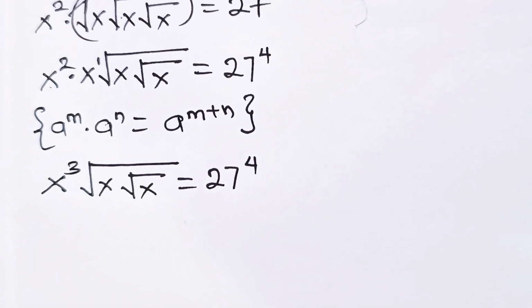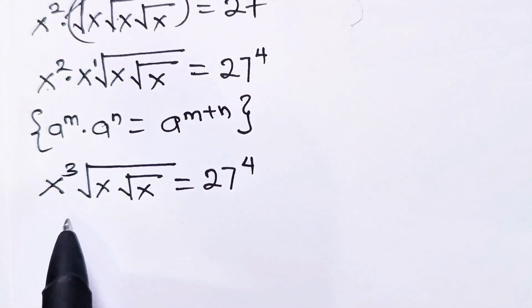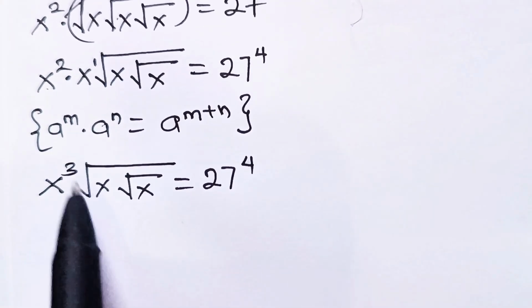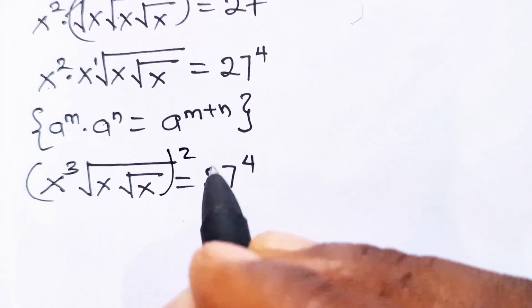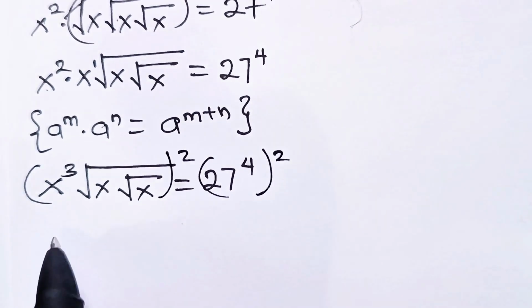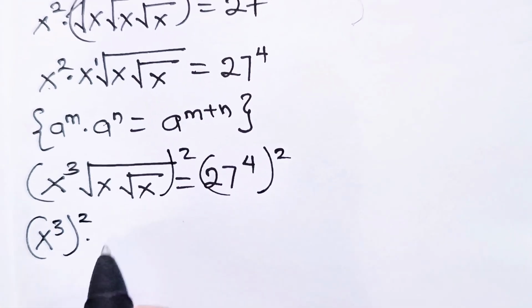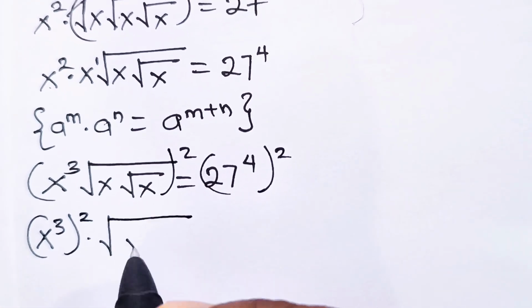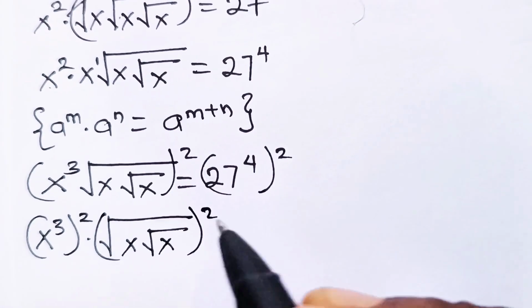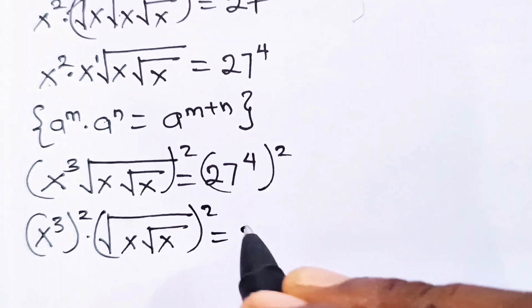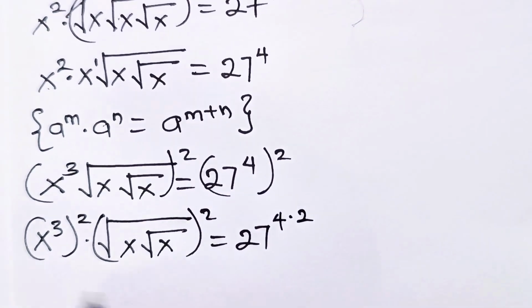Thank you so much. So now we're going to square again. Yes, since we still have the square root, we are going to square again. So squaring both sides again, this is the same thing as x to the power of 3 squared multiplied by square root of x squared, is equal to 27 to the power of 4 multiplied by 2.